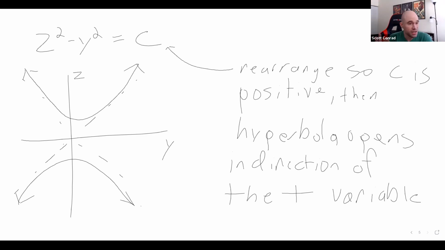And just to cover all our bases, the z-intercept, when y equals 0, the z-intercepts are going to be plus or minus square root c. And that makes sense, of course, because we rearranged it so that c was positive.